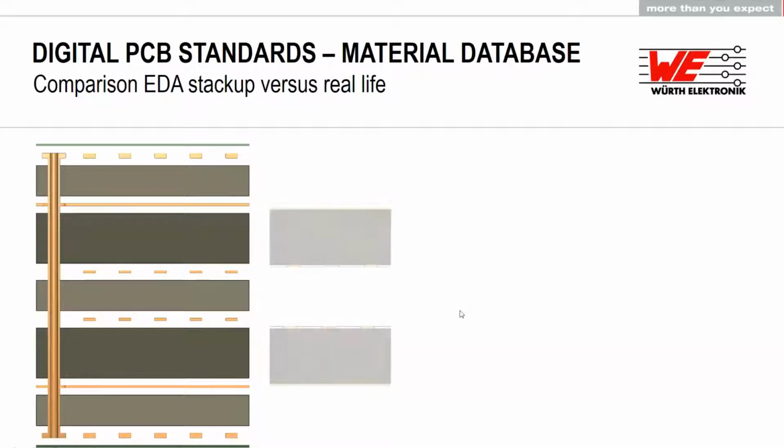So normally it should look like this. So that's how we produce PCBs. We start with cores, but the cores already have a copper cladding on both sides and with the same copper thickness. So that's important for the production. And we don't use single copper foils inside the PCB.